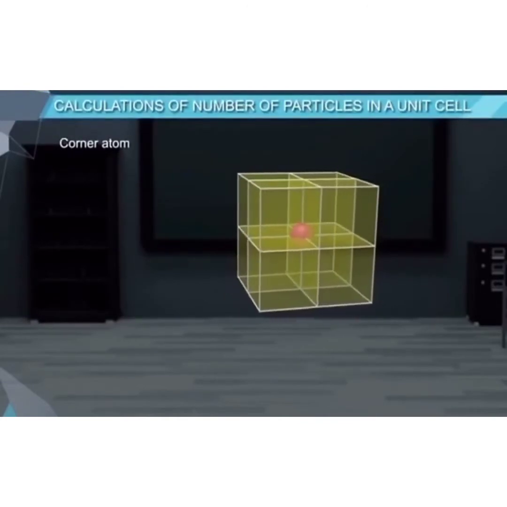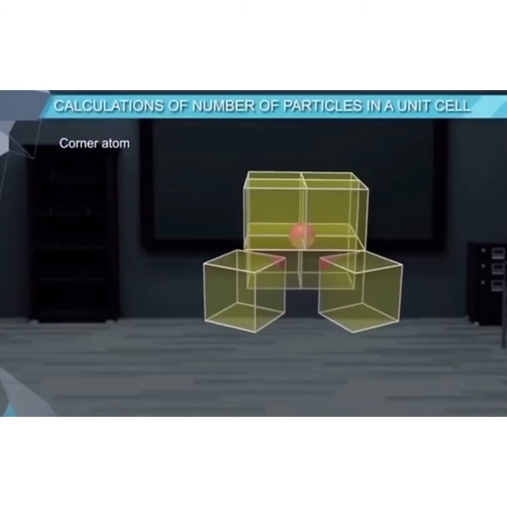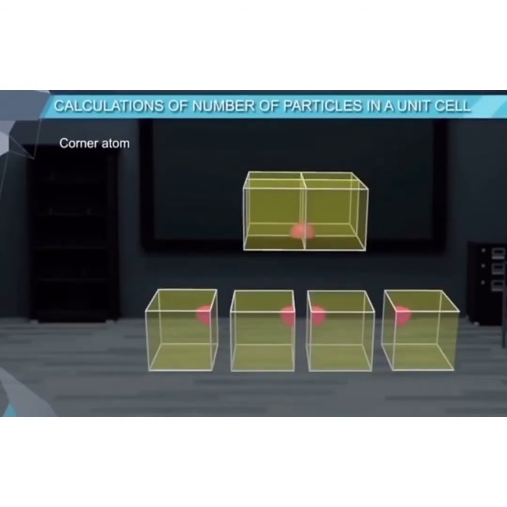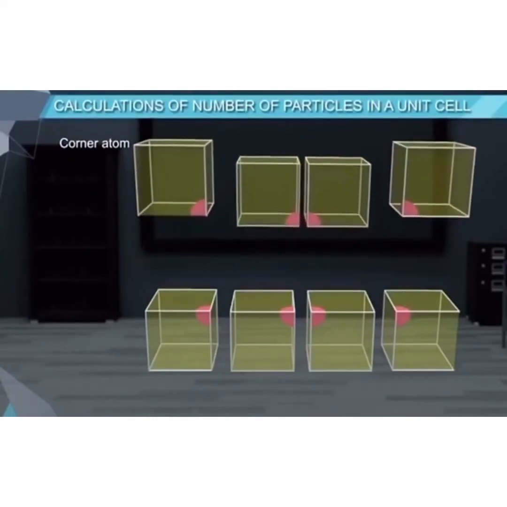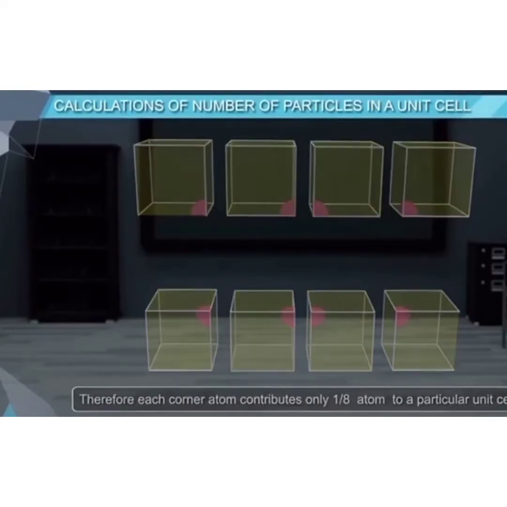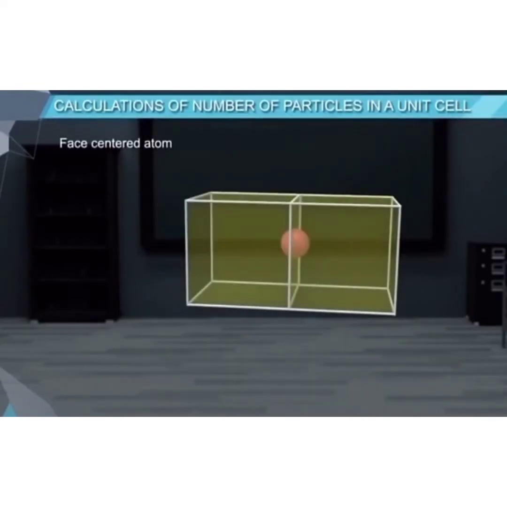Each corner atom is shared by 8 unit cells, 4 at the lower layer and 4 in the upper layer. Therefore, each corner atom contributes only 1/8 atom to a particular unit cell.